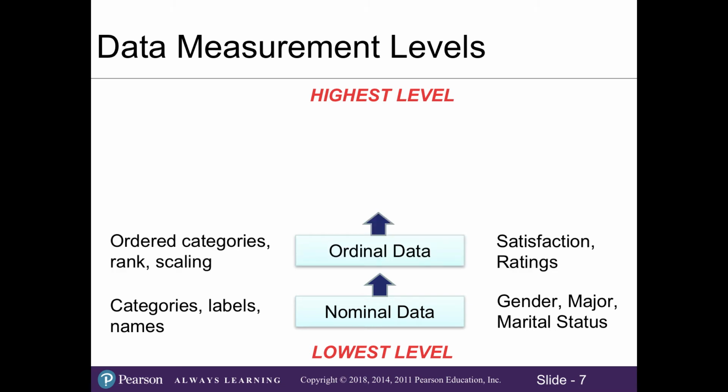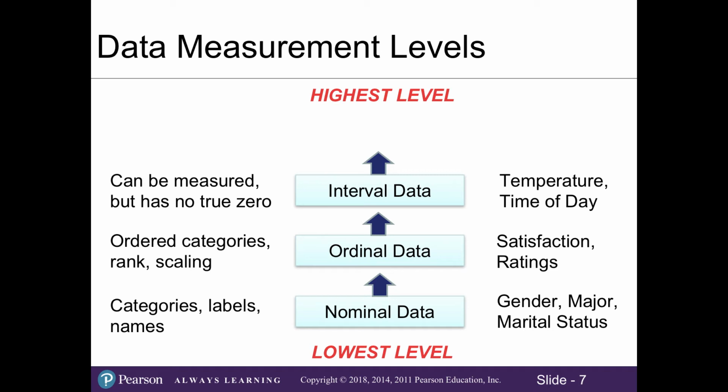Next is ordinal data. So it's similar to categories, labels, and names, but now there is a ranking to it. So we've got ordered categories or some kind of scaling. So this may include satisfaction ratings or, for instance, rating performance on a scale of 1 to 10. Now, our third type of data measurement level is interval data.